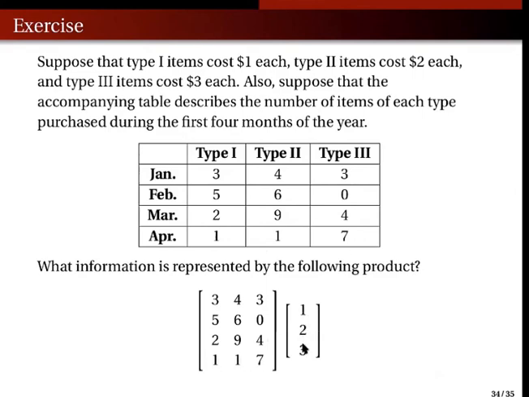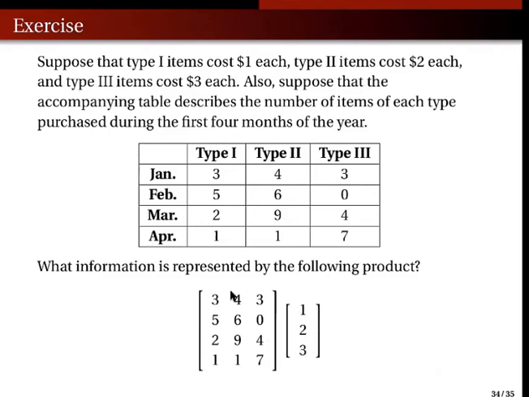While this one here, what are these 1, 2, 3? These are the costs for each type, from type 1 to type 3 respectively. So type 1, $1. Type 2, $2. Type 3, $3.